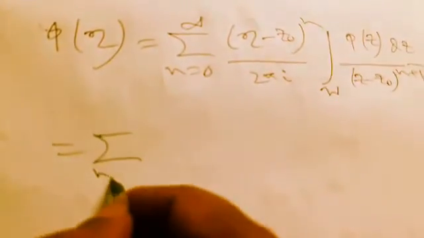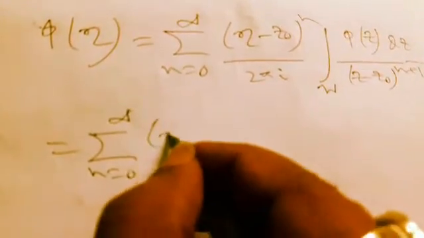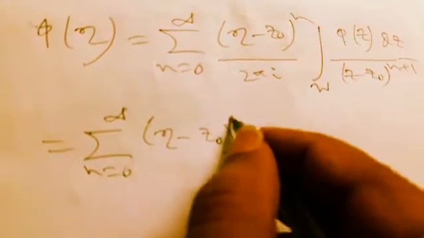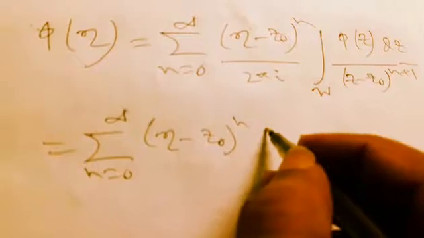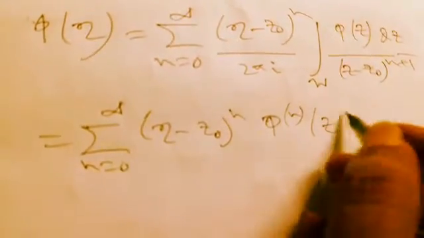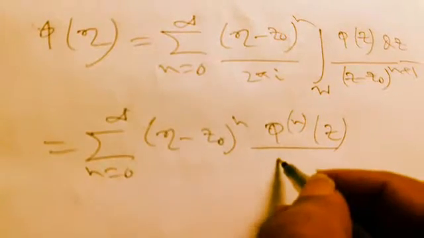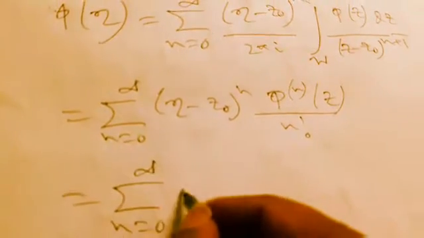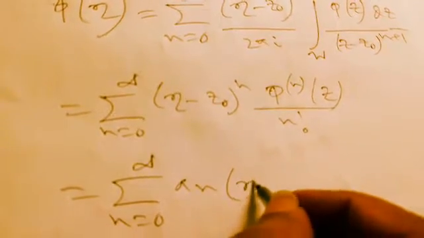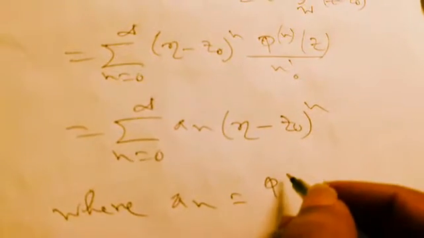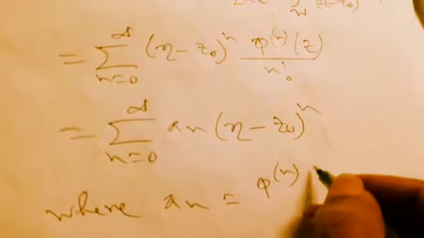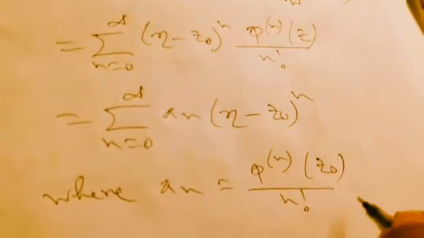This is the Cauchy integral formula for derivatives, which we can apply, so it will be the sum n equals 0 to infinity of a n times eta minus z0 whole to the power n, where this a n is phi n of z0 by n factorial.